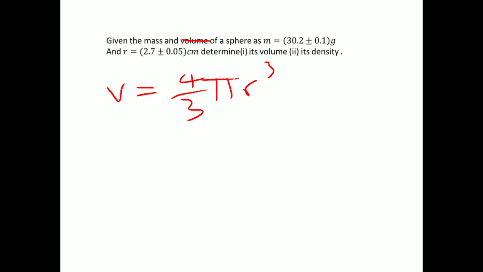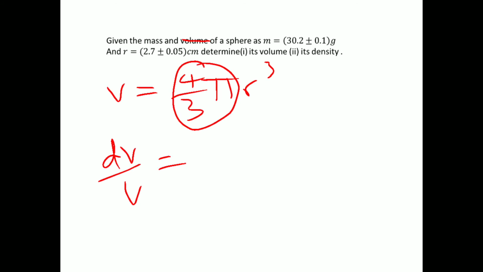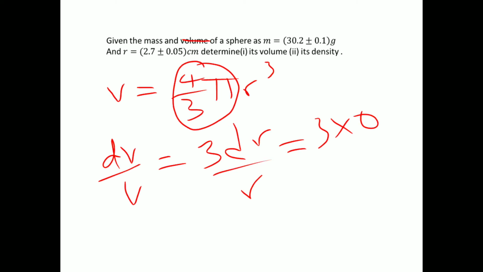So dV over V is equal to 3 times dr over r. That's the rule. Our dr is 0.05, divided by 2.7, which is r.